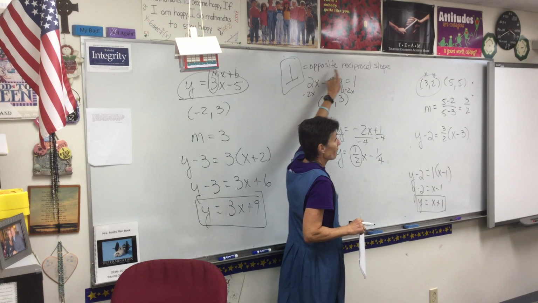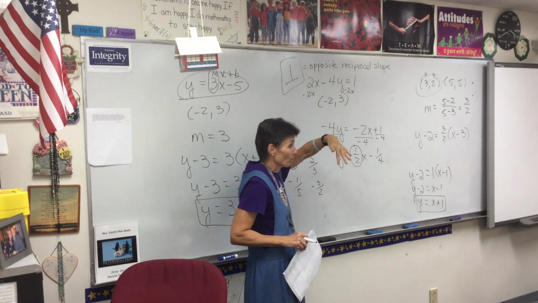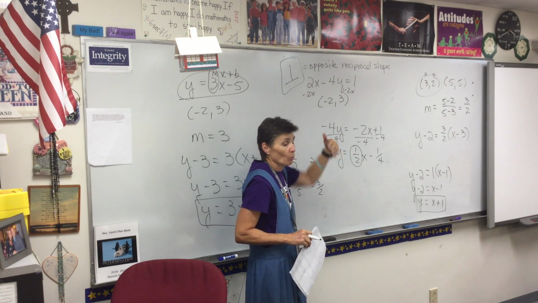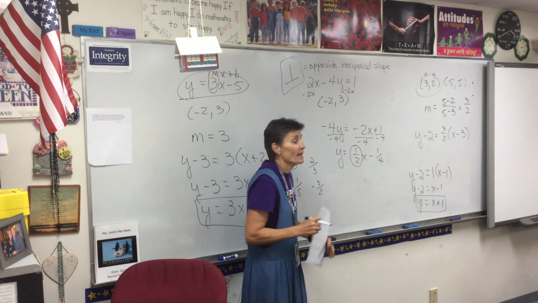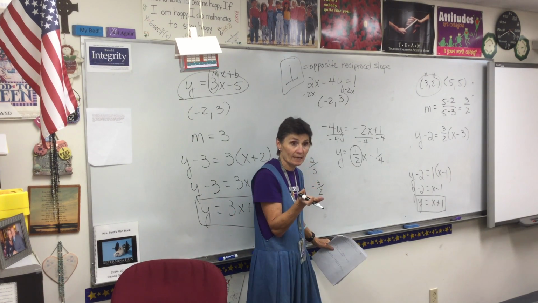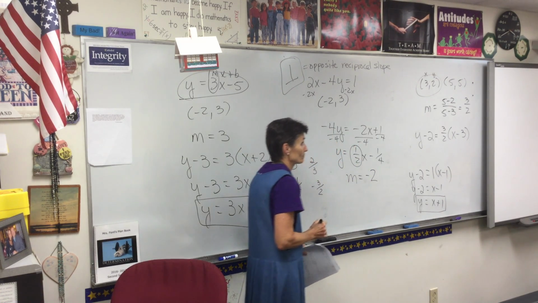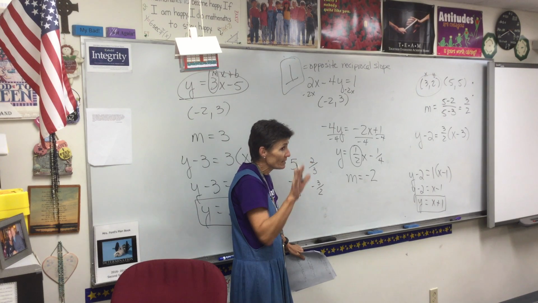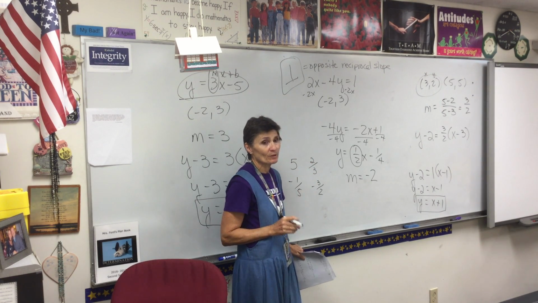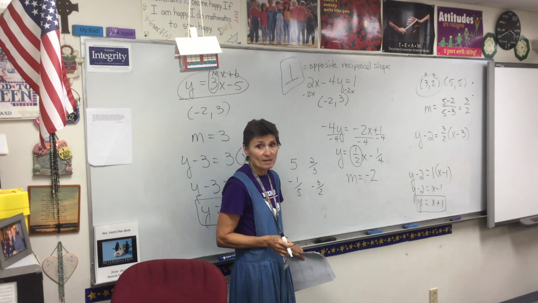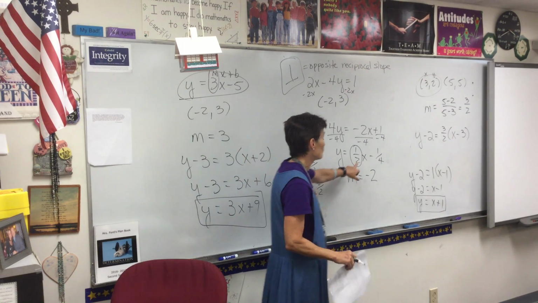I want the opposite reciprocal because this is a perpendicular problem. So what slope am I going to use? Negative 2 over 1, or just negative 2? So my slope is negative 2. Everybody with me? You got to pay attention to whether you're doing parallel or perpendicular. If you were doing parallel, you'd use 1/2.